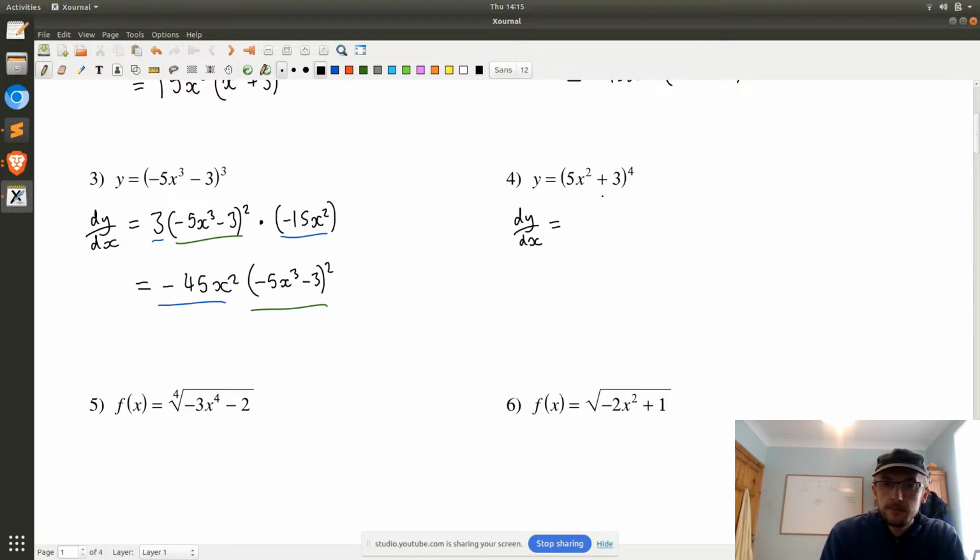Number 2, differentiate the outside function and leave the inside one alone. And now times the derivative of the inside function, which is 10x. And clean it up and bring it together. And it's all good.